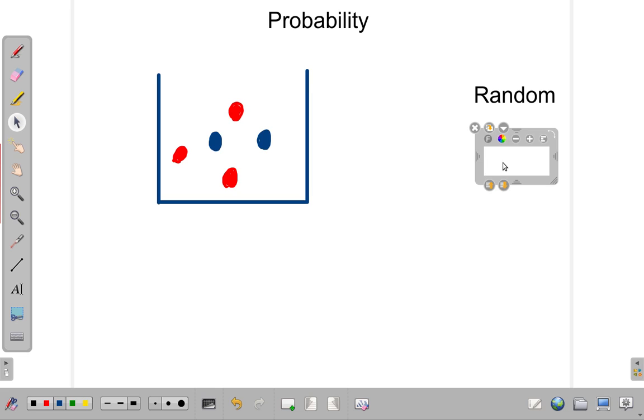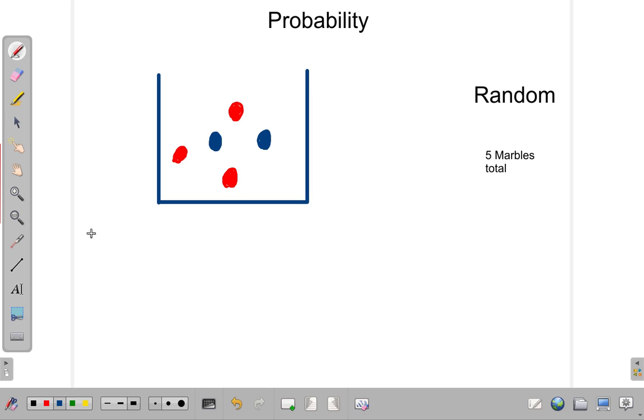You have a total of 5 marbles. Now, you randomly pick a marble. The question is, what is the probability that it is a blue marble?